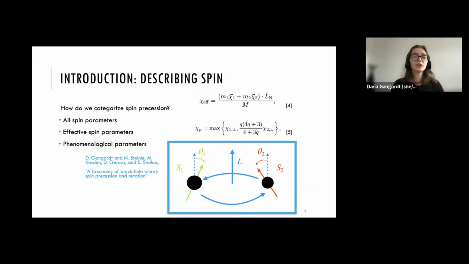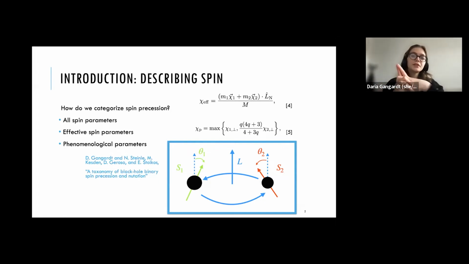Now, chi-effective and chi-p are pretty good parameters for describing spin precession. However, they're both linear combinations of the individual spin parameters, and they can be a bit obscure when you're trying to describe what the actual system may look like at a given point in time. I.e., a chi-effective of 0.3 could mean many things, not just one spin configuration.